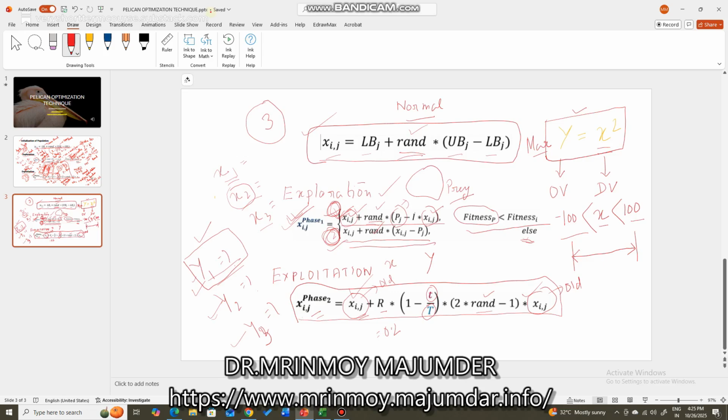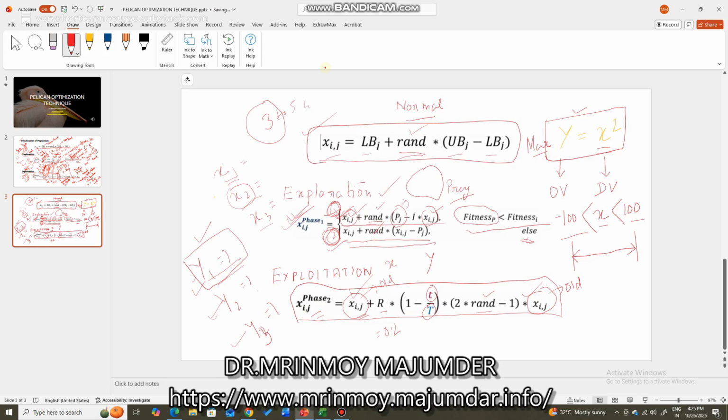Now you can continue this up to 100, 1000, 10,000 iterations as you will. You can also change the number of agents from 3 to 5, 5 to 10, any number. There is no restriction. Clear?